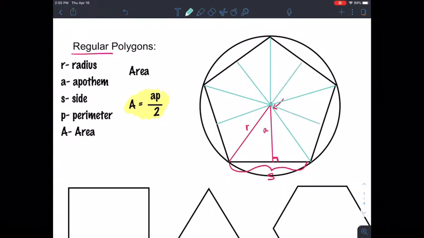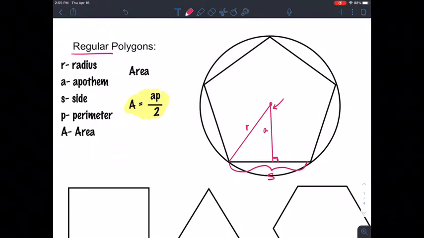And with those 10 triangles, every single one of these central angles will be congruent. So if I take those away, the way that I can get this central angle here is to do my 360 degrees and divide it by 2 times n, where n is our number of sides. And you'll hear me refer to this as your central angle.